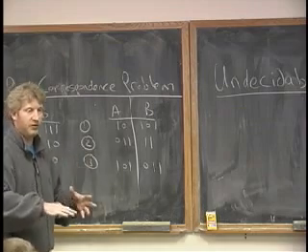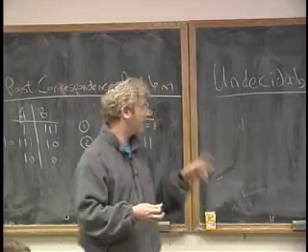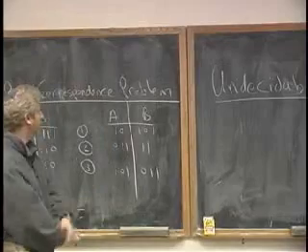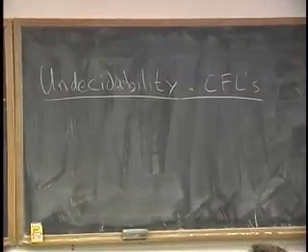So the bridge between undecidable questions about computer programs and undecidable questions about context-free languages is done through this famous problem called the Post correspondence problem. We did this yesterday, and I want to remind you what it is.